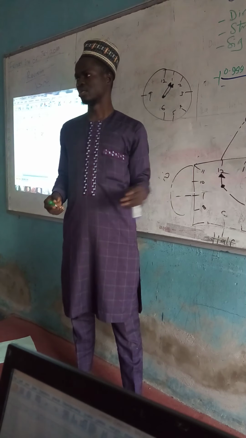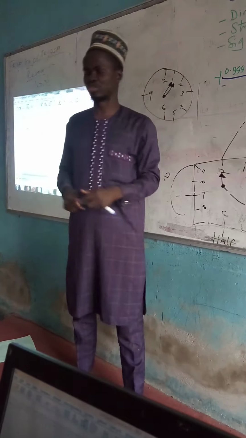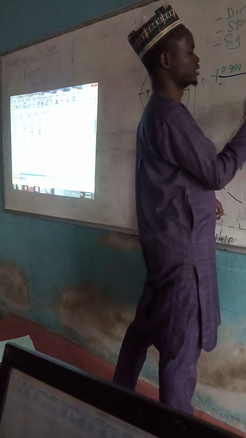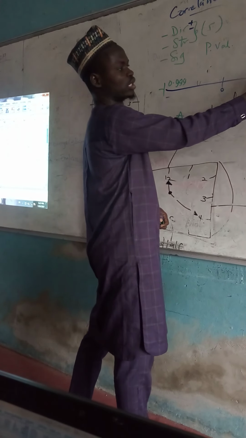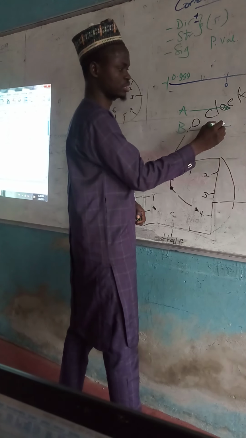And the implication is that the two variables you are correlating are moving in the same direction, meaning that if you are correlating A and B and you have a positive correlation, when A moves this way, B also moves the same direction.